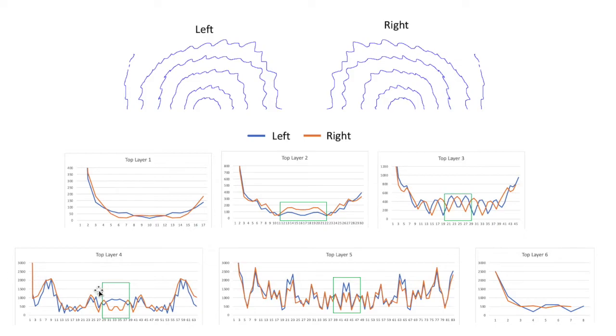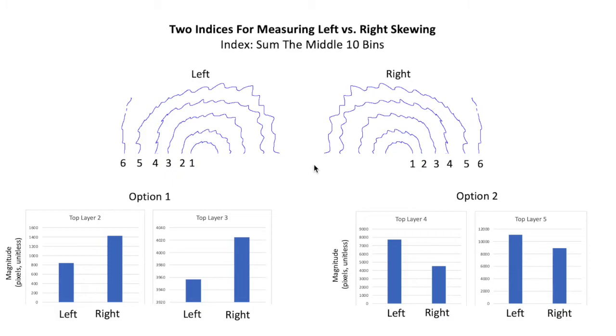When we sum the bars within these green boxes, what we find is that we have two options by which to determine whether a spiral is left-handed or right-handed. Option one is to sum the middle bins of the frequency plot for layer 2 or layer 3, in which case right-handed spirals are greater than left-handed spirals.